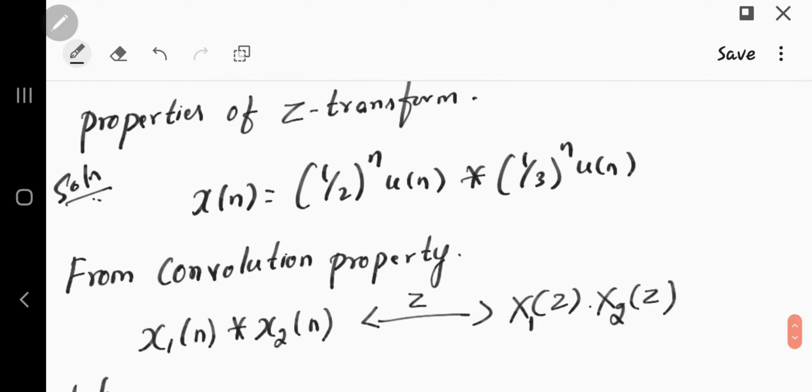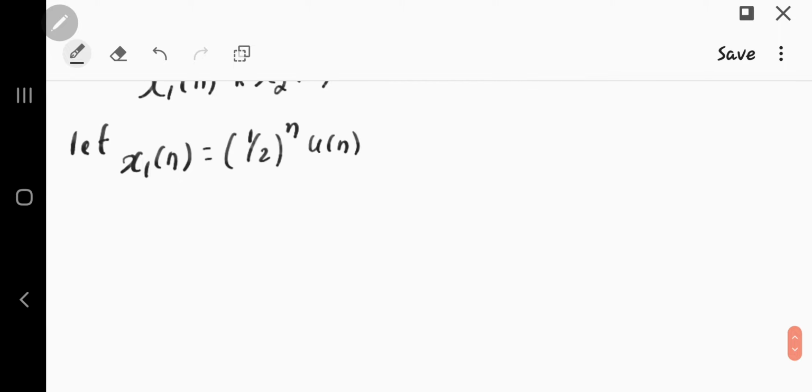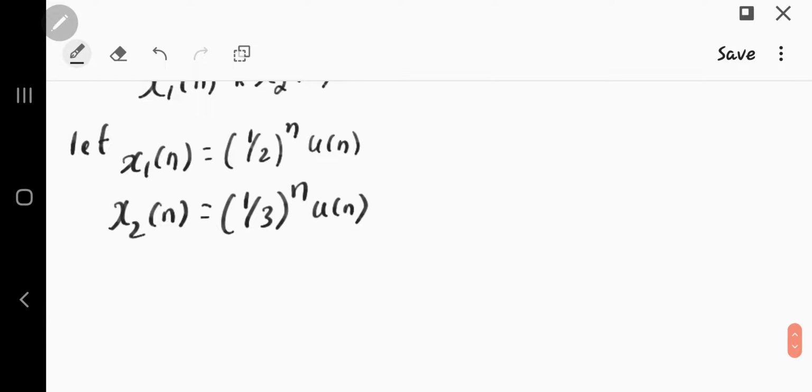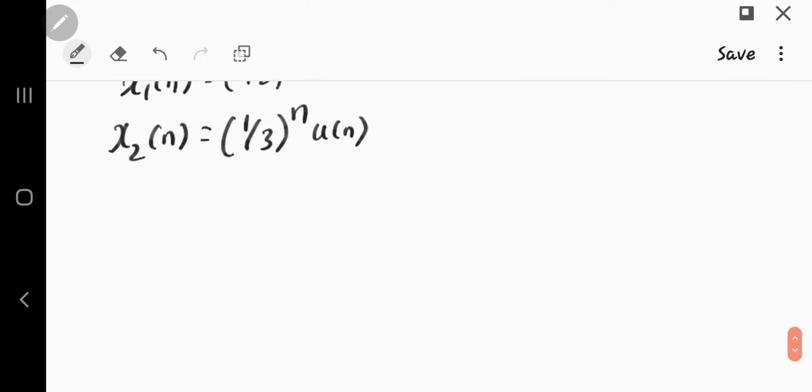I'll take the first term as x1[n], that is (1/2)^n u[n], and x2[n] will be the second term, that is (1/3)^n u[n]. So let's solve for this.